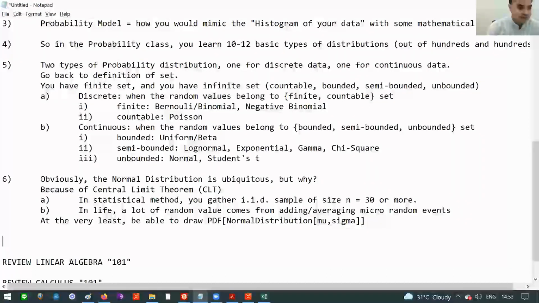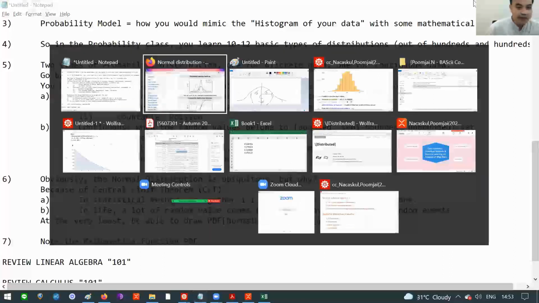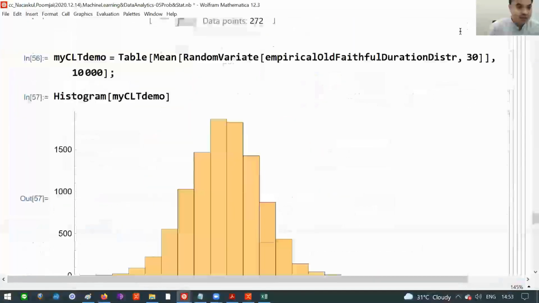Note the mathematical function, the PDF. By the way, if I don't want the PDF, I can do the CDF, right? Let's go back to here.